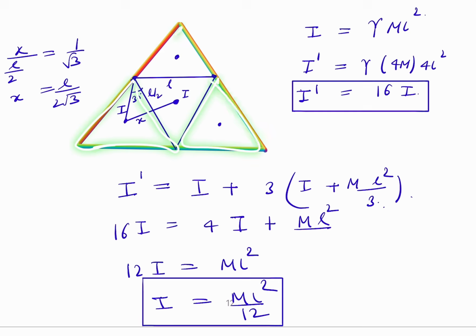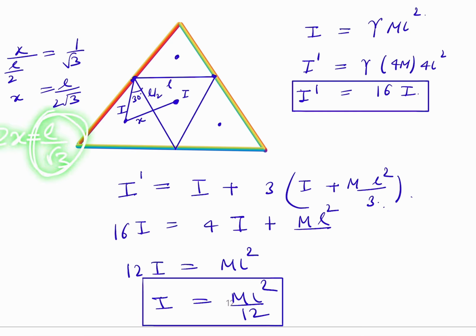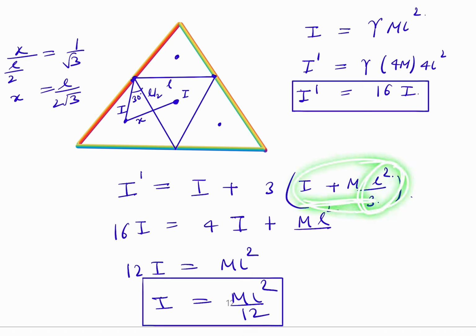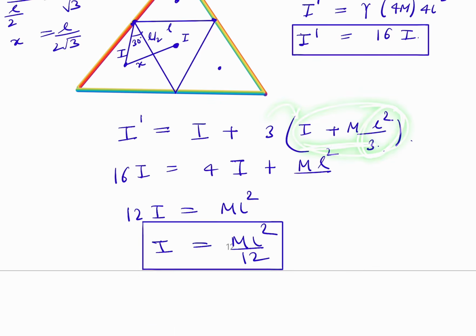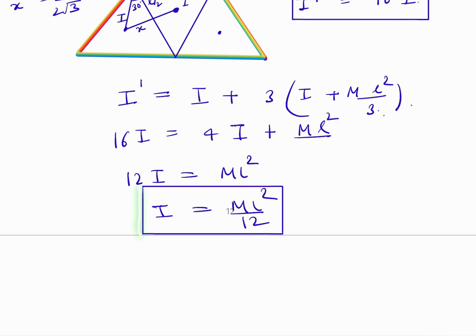Because all the cases are symmetrical, I have directly taken 3 here. Okay, 3 times inertia I of this triangle plus mass into distance square. Distance is 2x, which I calculate as L by root 3. So L square by 3 I have added, and this is for 1, multiplied by 3. So after calculation I would get I equals ml square by 12.